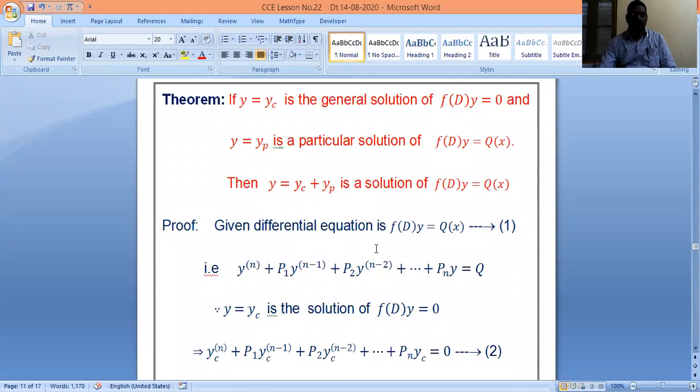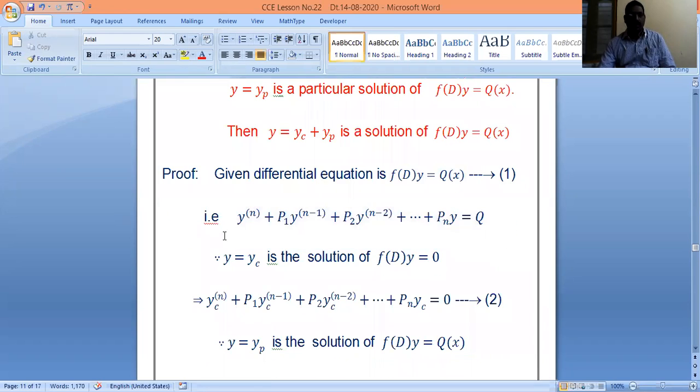Here the given differential equation is f of D into y is equal to q of x. Let this equation be 1. That is, y^(n) + p1 y^(n-1) + p2 y^(n-2) + up to so on pn y is equal to q.